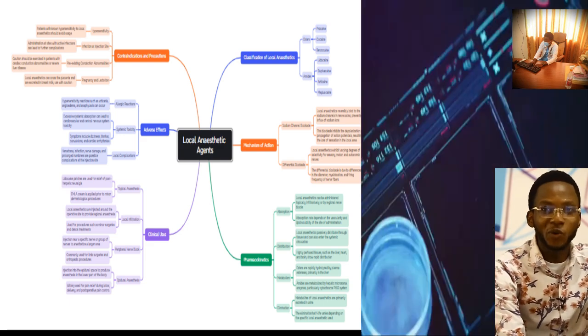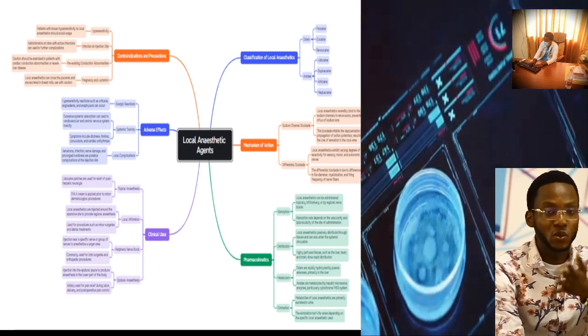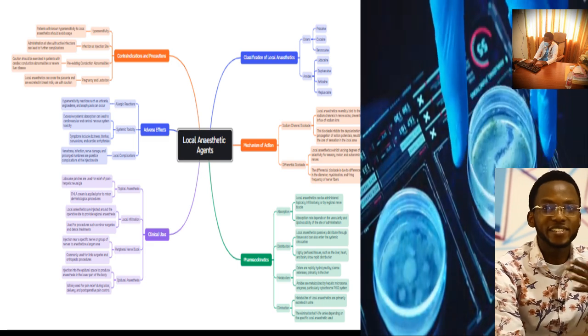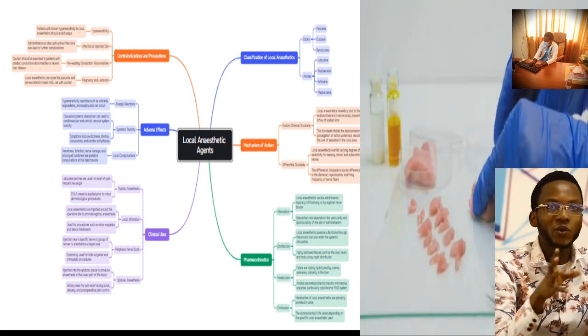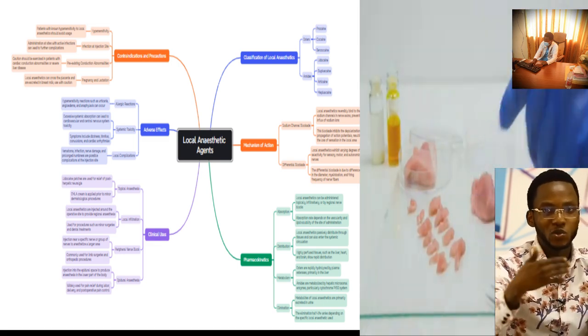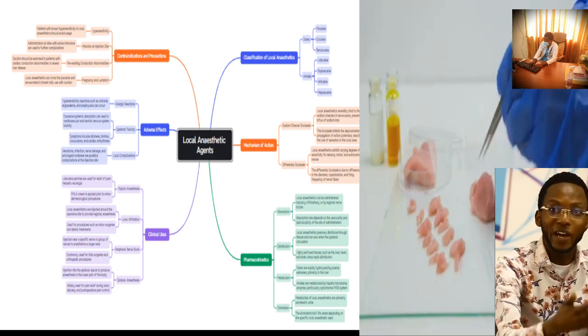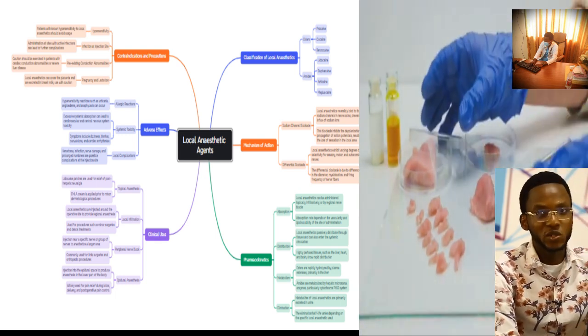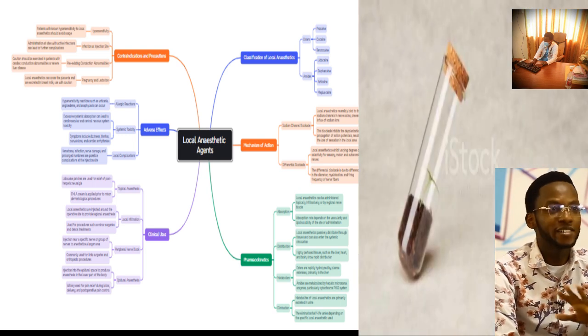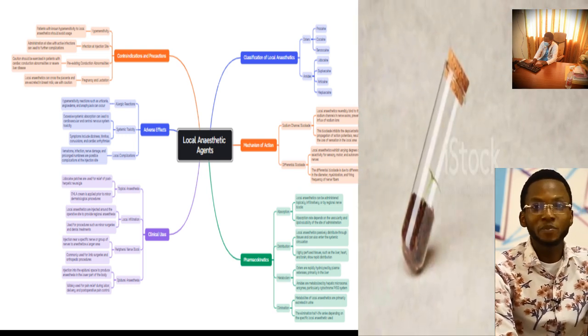Signs of local anesthetic toxicity may include perioral tingling, tinnitus, lightheadedness, visual disturbances, slurred speech, altered consciousness, seizures, and potentially severe outcomes such as respiratory arrest, hypotension, cardiac arrhythmias, or cardiac arrest.